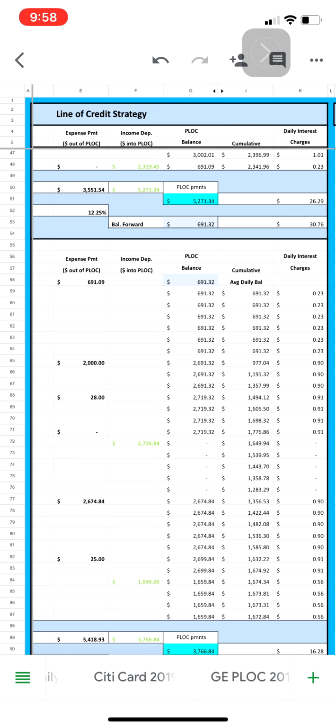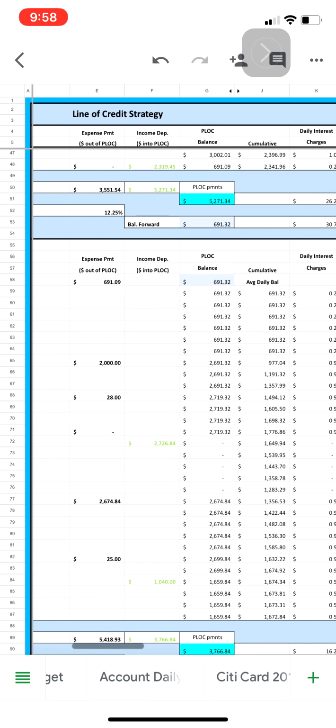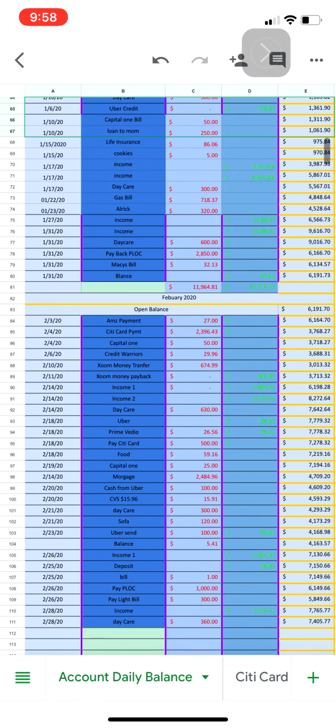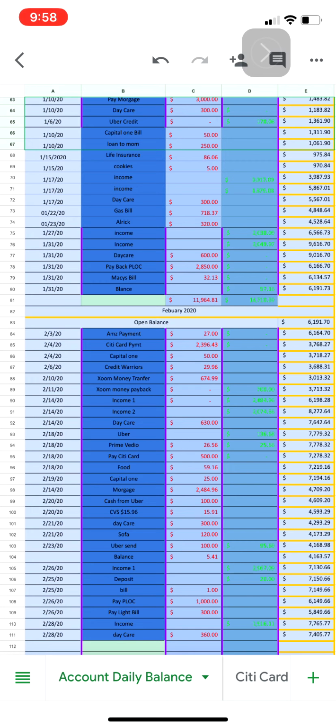And then I just made a daily balance calculator where it's like a bank ledger that I just write down everything that I spend on, every single thing that I spend on. And I made the bank ledger.